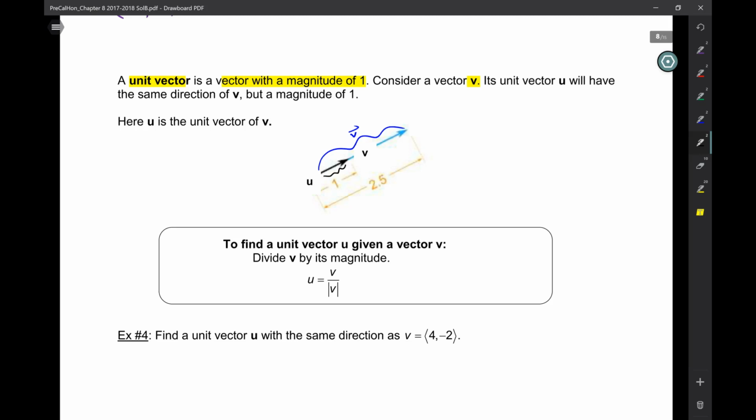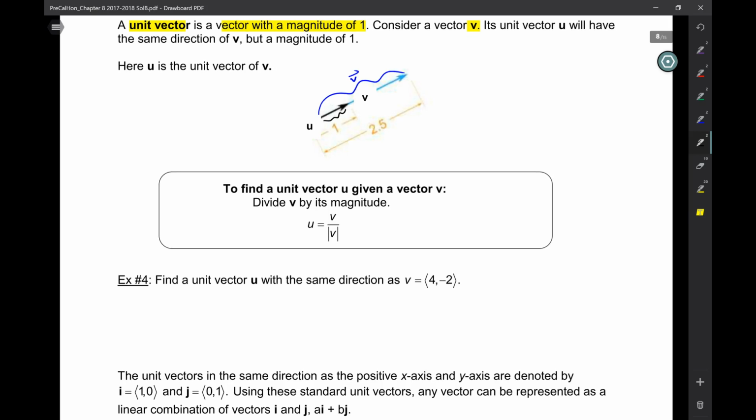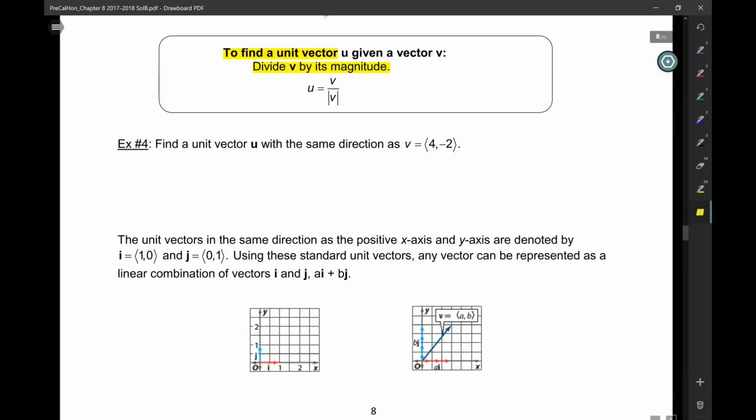So, to find the unit vector u, given a vector v, I just realized if they're all bold, there is no difference between them. That's on me. Okay, so to find the unit vector, you just divide the vector by its magnitude. So let's find the unit vector here, the same direction as v.